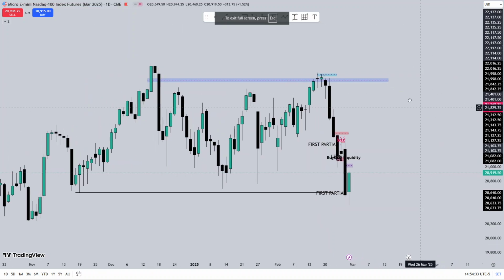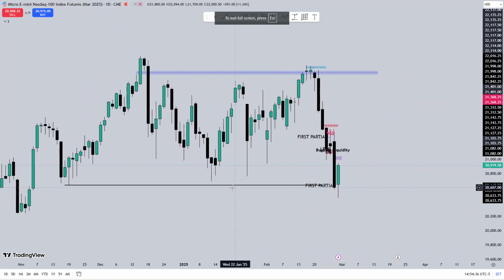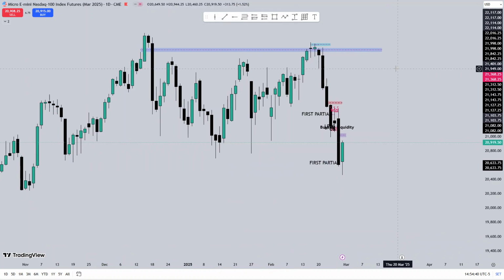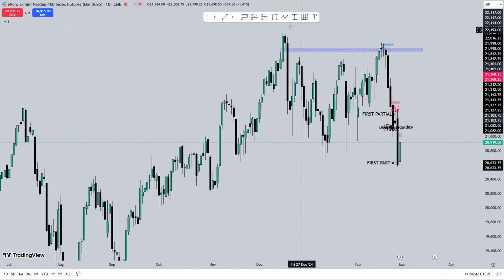On the daily chart we can see, let me delete this, this is a perfect support zone.